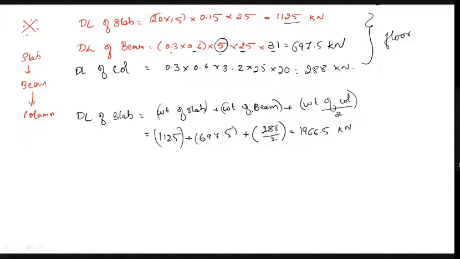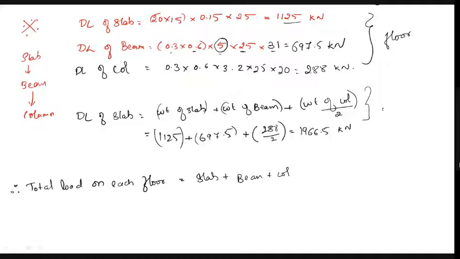Then we have total load on each floor, equals weight of the slab plus beam plus column.